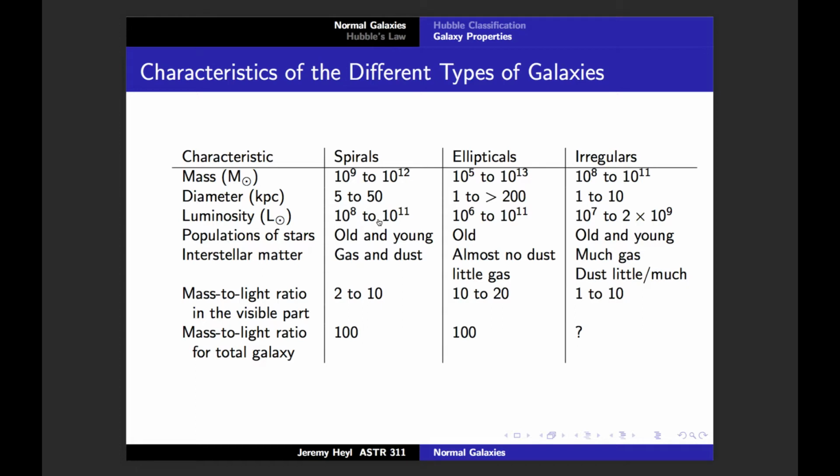So without gas and dust, you don't get star formation, and that goes hand in hand with the fact that they have young stars. Now, if we go to the elliptical galaxies, they have a much wider range of sizes. Instead of this factor of about 1,000 in mass, they have a factor of a huge amount, over 1 million, in mass.